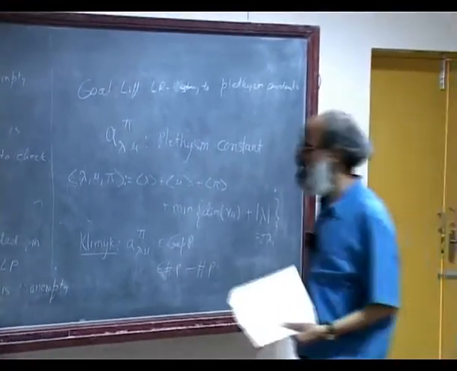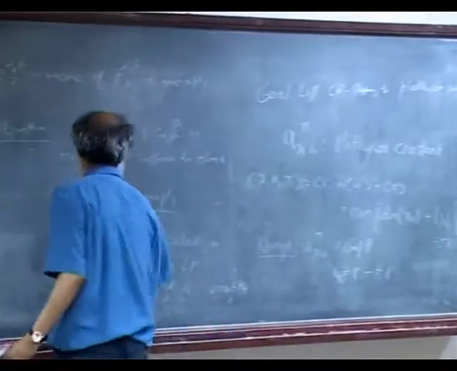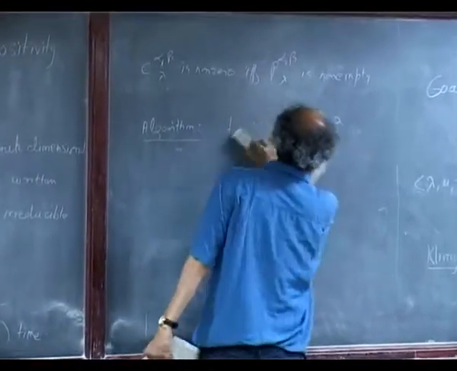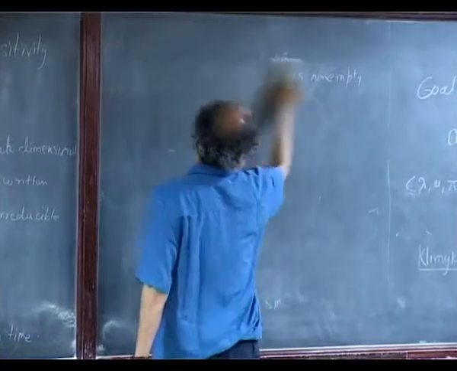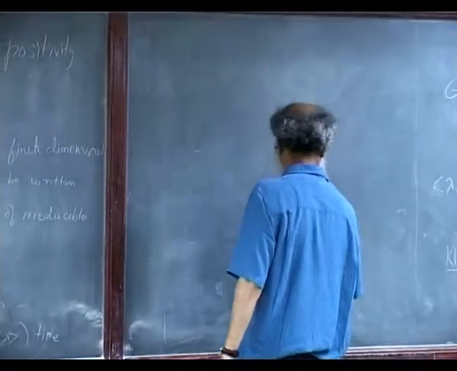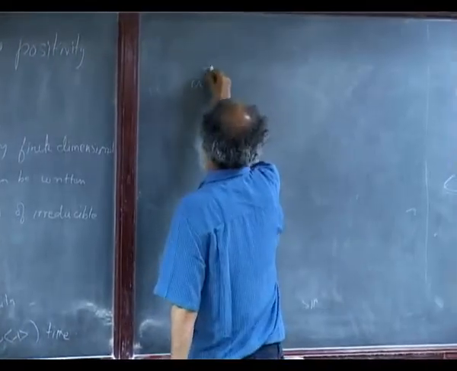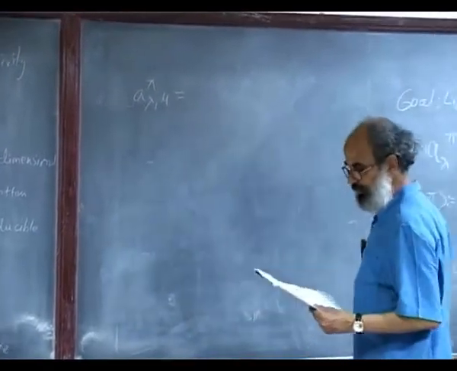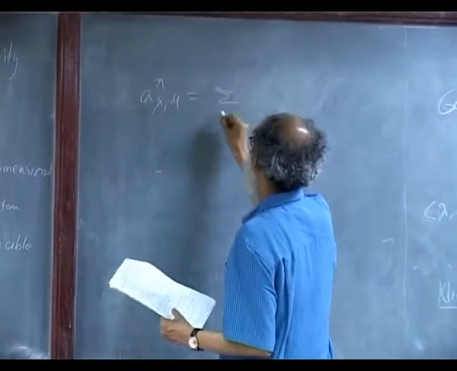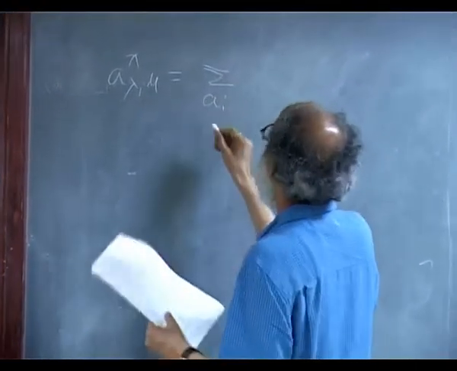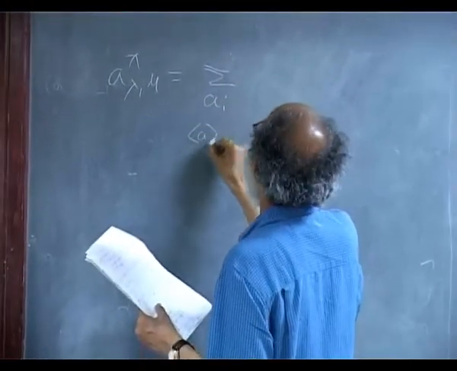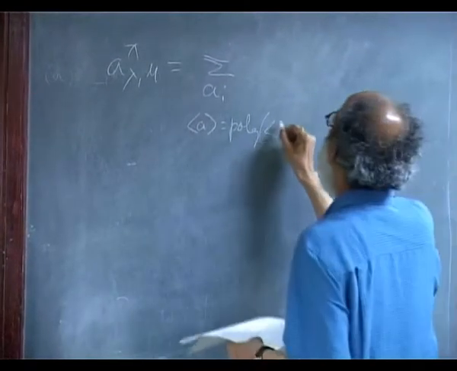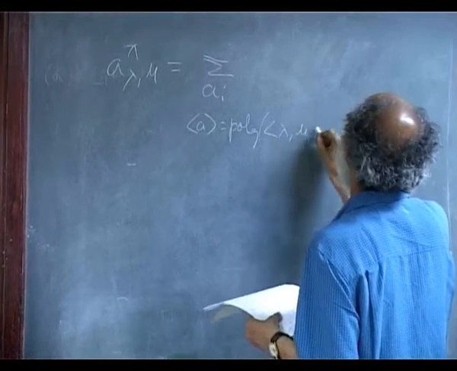So what that means is the following. You can write a_{pi, lambda, mu} in the following form: it is a summation over some combinatorial strings A such that the bit length of A is polynomial in this.